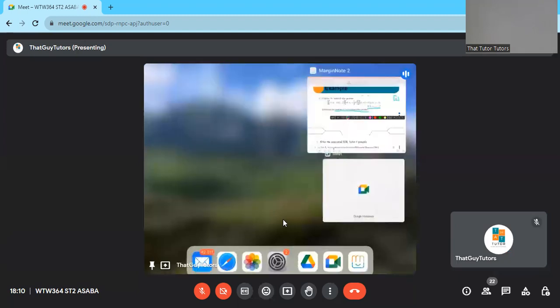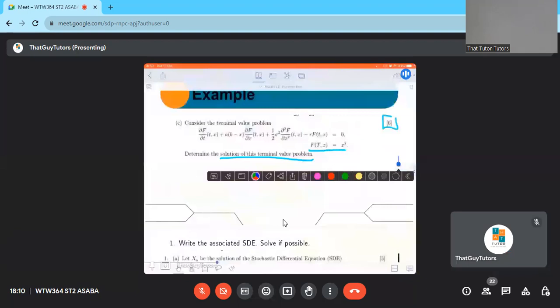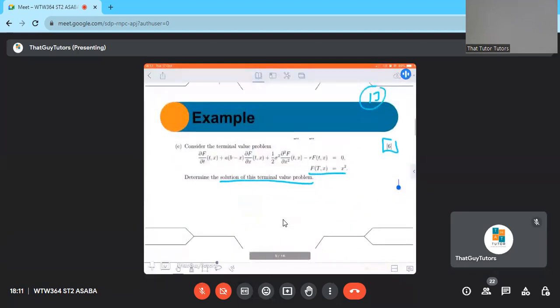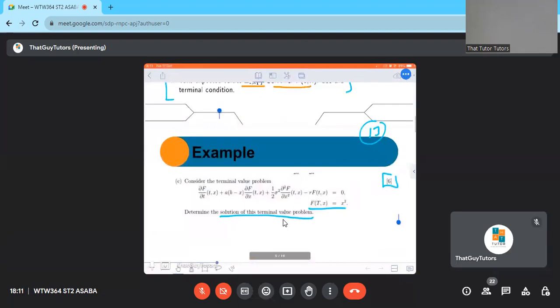Okay, so the first one is how do you find the associated stochastic differential equation, right? So when you have some differential equation, let's say you have some f, I'm not sure if you can see what I'm writing.